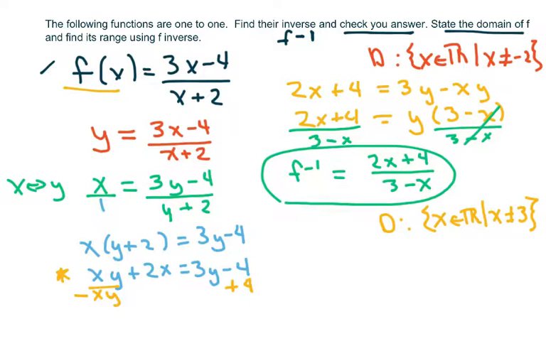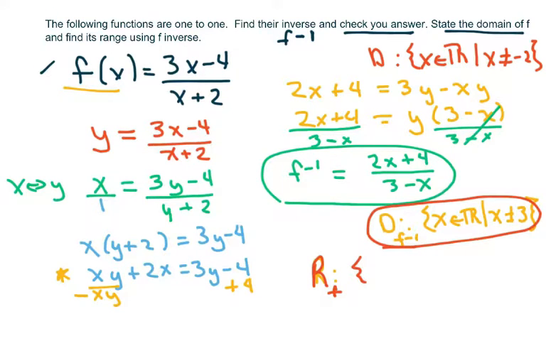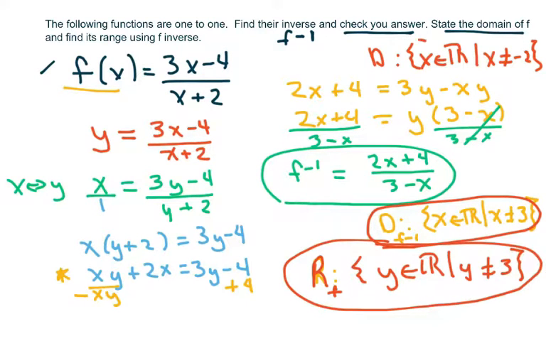So my range for just f is what the domain is of f inverse. So basically, it's all real numbers, but y cannot be 3. So we did our domain and range, and that's pretty simple.